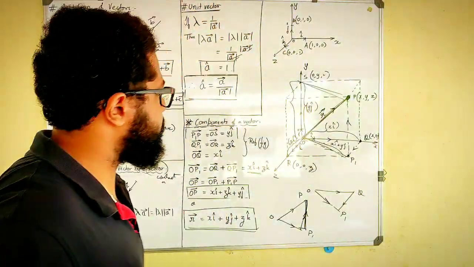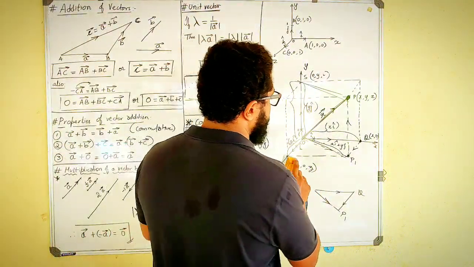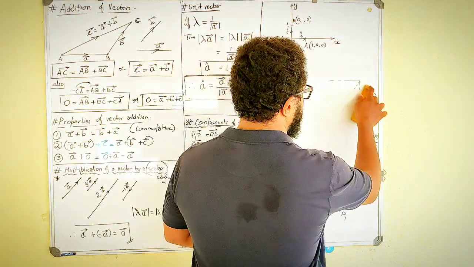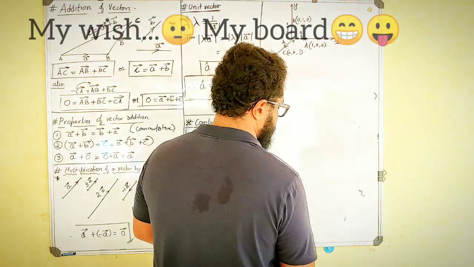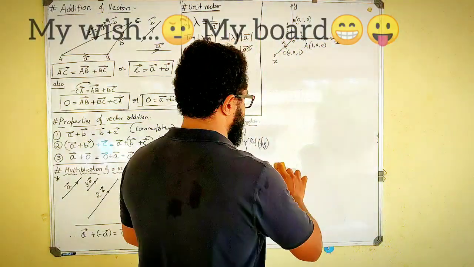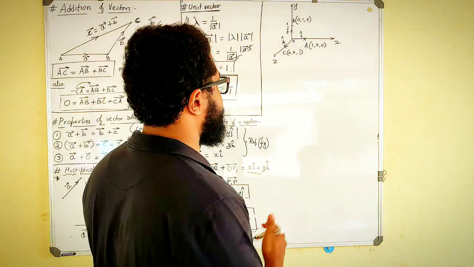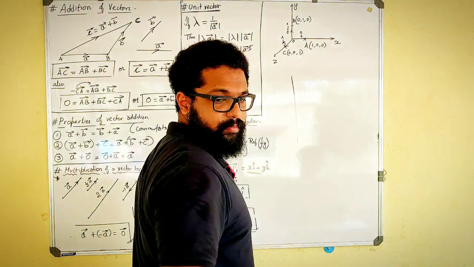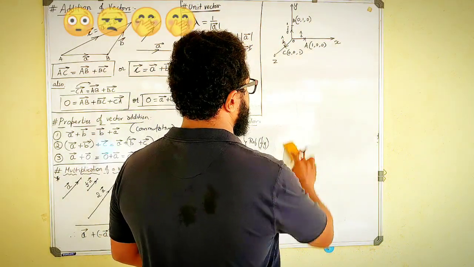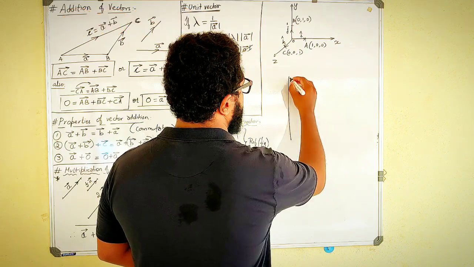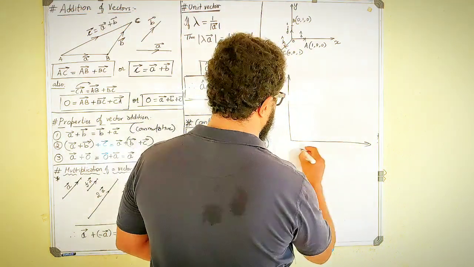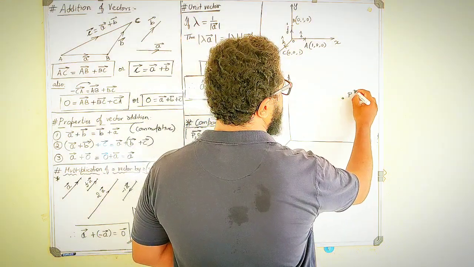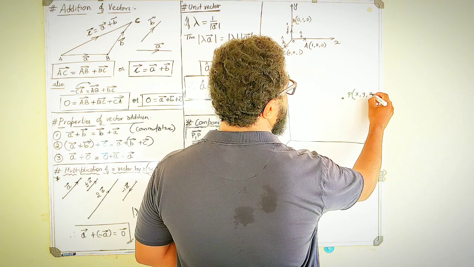So now in this diagram, I will redraw this once again. So geometrically, we are going to represent any random vector. Let us assume a point P here as x, y, z.